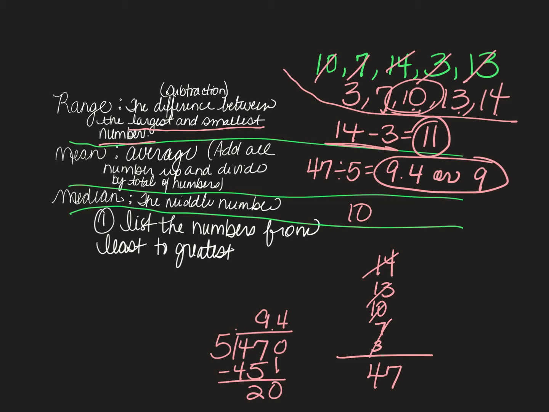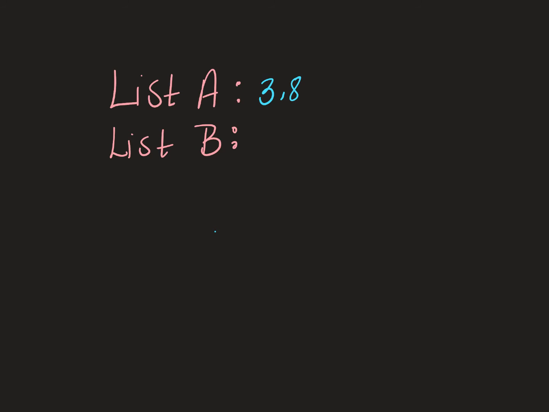Now, look with me at A. It's in your book, but I want you to look with me. I'm going to list it up here. They've already have it in from least to greatest, okay? And then we're going to have list B. Okay, so list A, our numbers are 3, 8, 13, 15, 17, and 25.